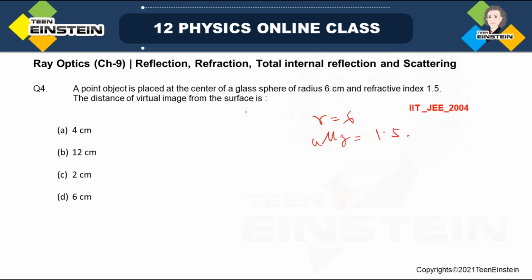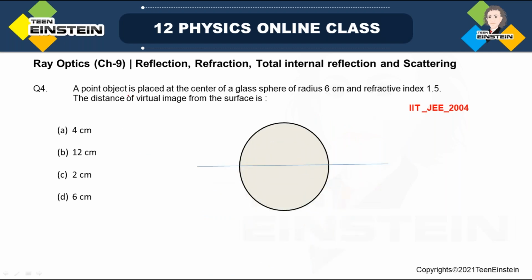Here, we'll try to depict it. A point object is placed at the center. Let us say this is the center of the glass sphere. This is a glass sphere.